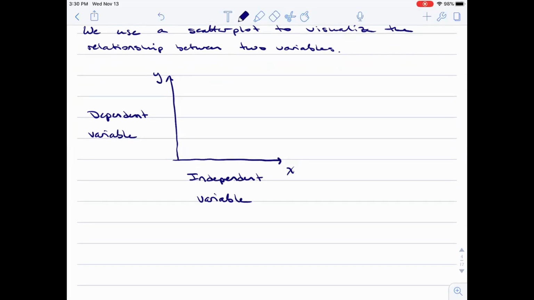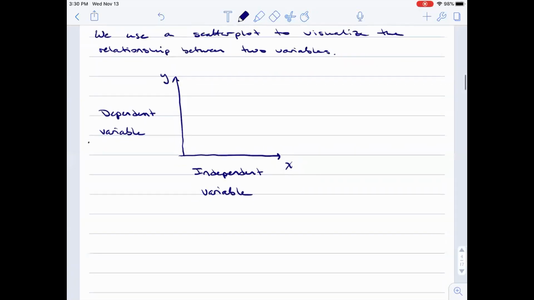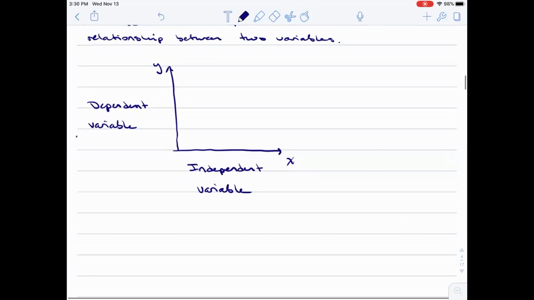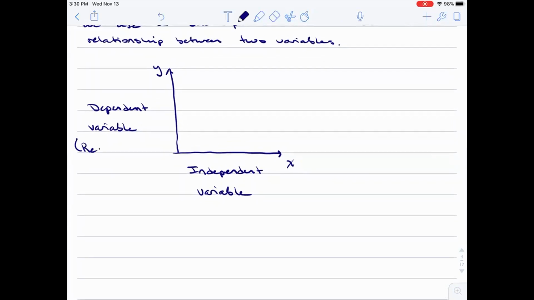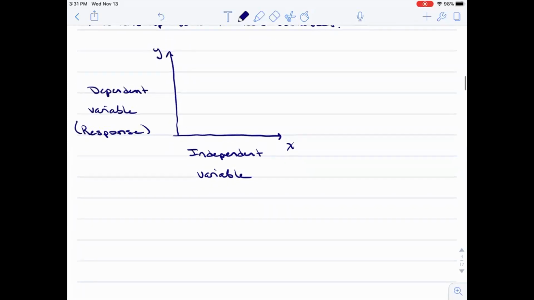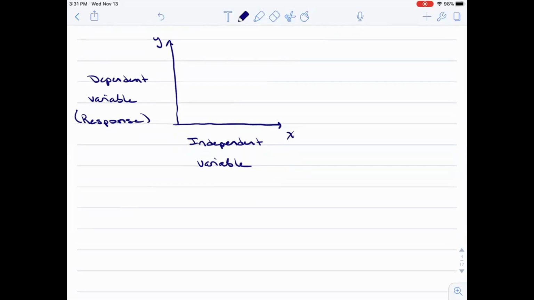Another word for the dependent variable is the response variable, right? I actually prefer response and explanatory variable for the independent variable, mostly because the explanatory variable goes on the x-axis. That's how I keep track of it.